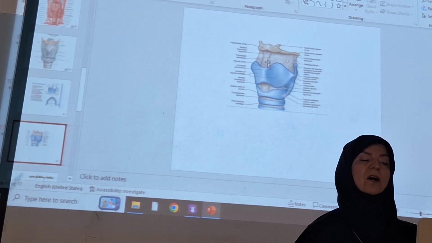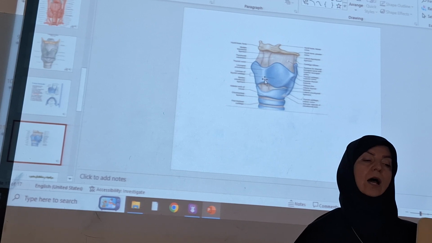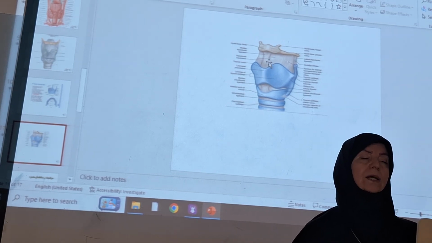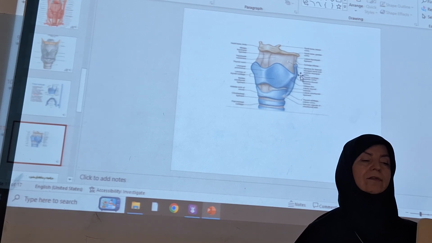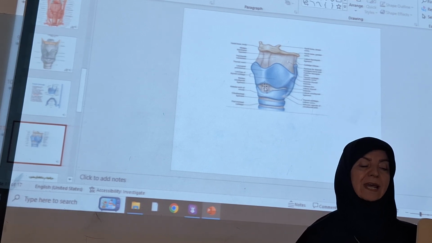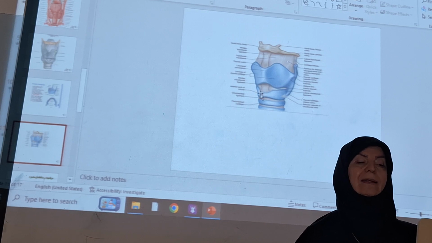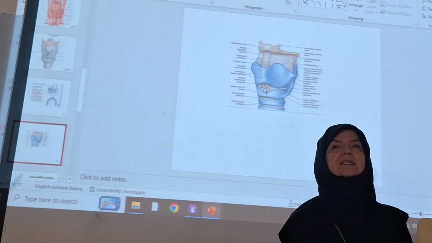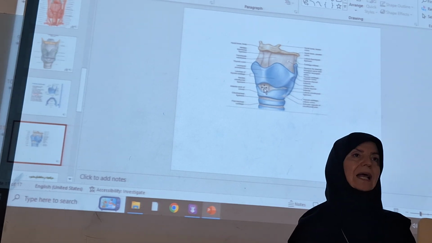What's the name of this ligament? Median thyroid ligament. What's the name of this ligament? Lateral thyroid. What's the name of this ligament? Median. We call it the thyroid ligament or conus elasticus.